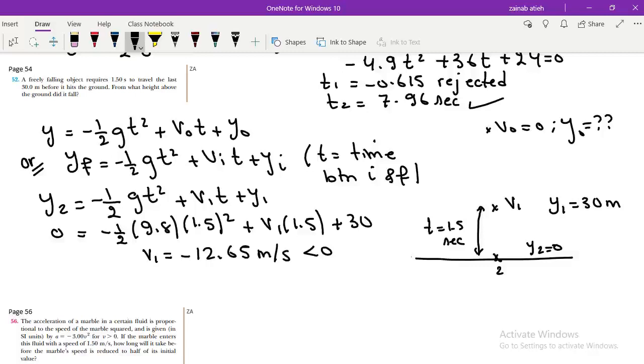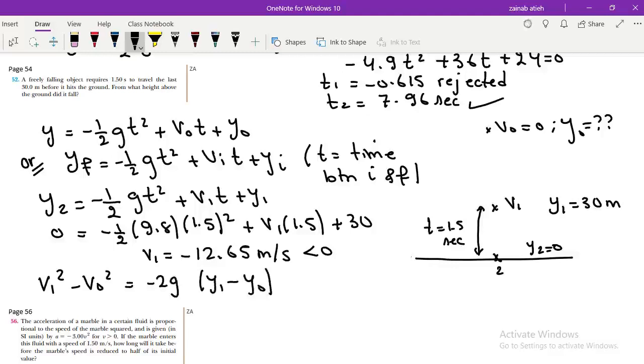Now what do I benefit from v1? I don't want v1, I want y0. I can now link v1 with v0 through the time-independent formula. So let me use the formula; I will work between 0 and 1 now. I will say v1 square minus v0 squared equals minus 2g times y1 minus y0. I care about finding y0.